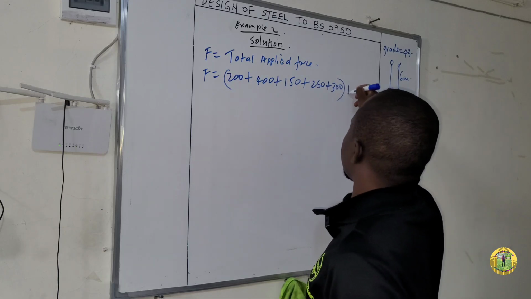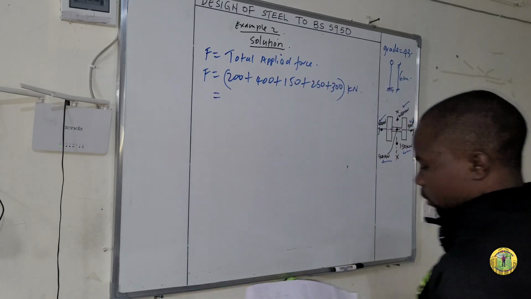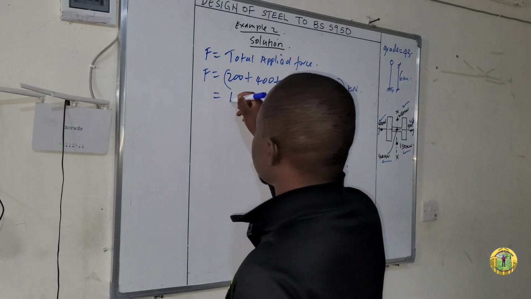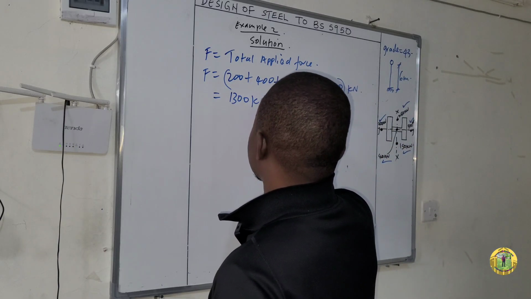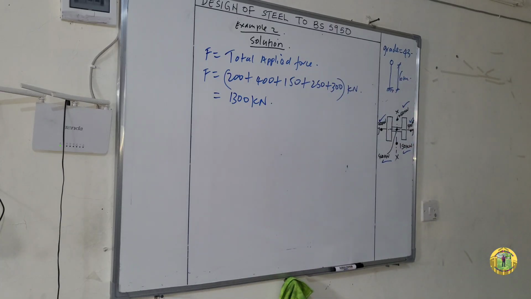So this is in kilonewton. So the total force is equal to 1300 kilonewton. And then after that, you will proceed to effective length.